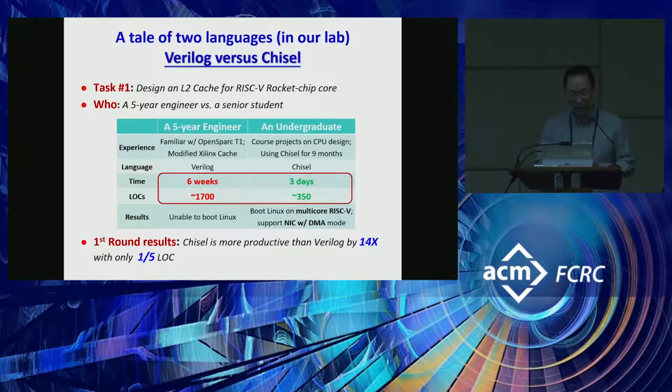So in the first round, Chisel is more productive than Verilog by about 14 times, with only 1/5 the lines of code. But the engineer refused to accept the fact. He said, I had more consideration in my design, my design is better than the undergraduate's.